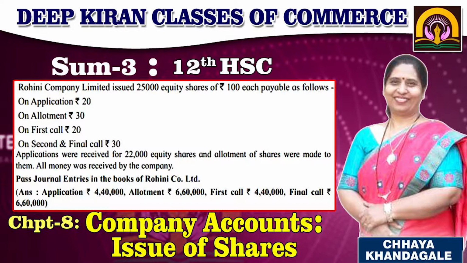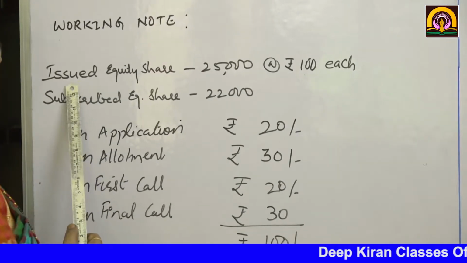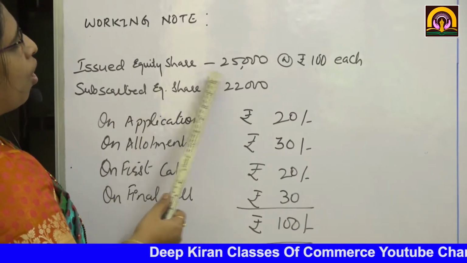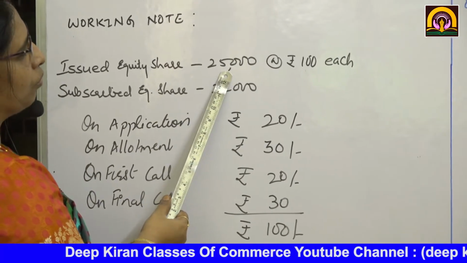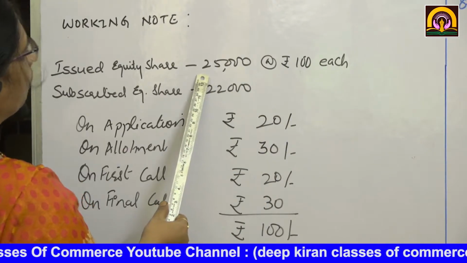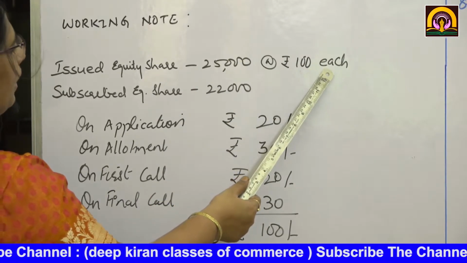Okay, now see the working. Working note: Rohini Company Limited issued 25,000 equity shares of rupees 100 each.